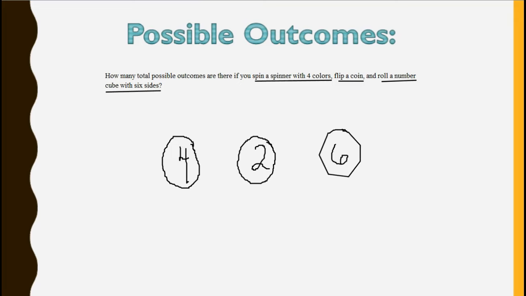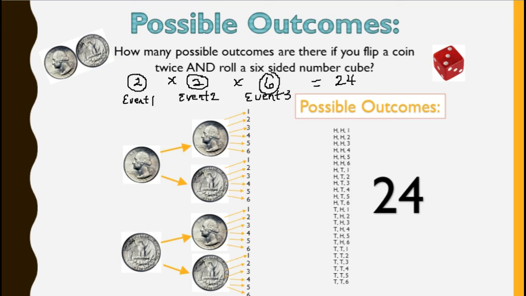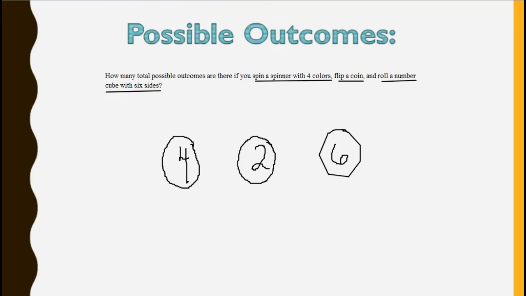So the way that you solve that, you could go through all of this and draw a picture of it. And you might want to do that at the beginning, so you get a picture and a grasp of what's happening. But once you can picture it in your head, then you can skip to this step where all you have to do is take these numbers and multiply them.